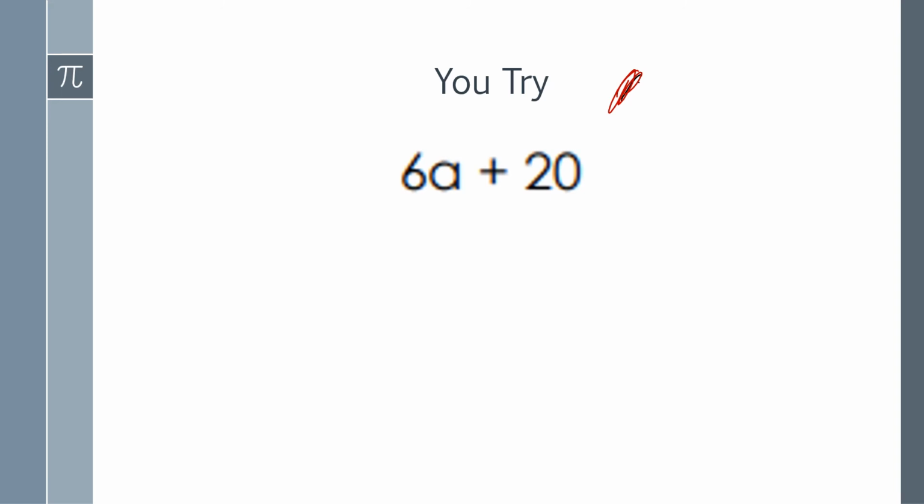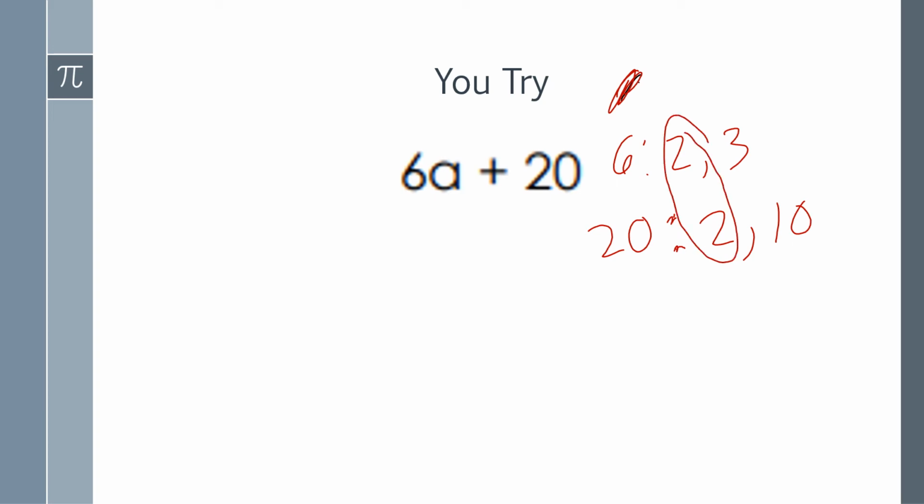So we know that 6 has 2 times 3. And we know that 20 has 2 times 10. And we know that 2 is the biggest common factor that they have. So 2 on the outside, 3a plus 10.